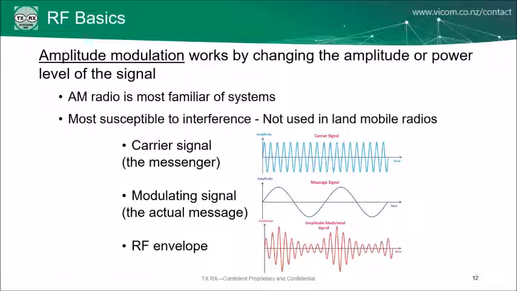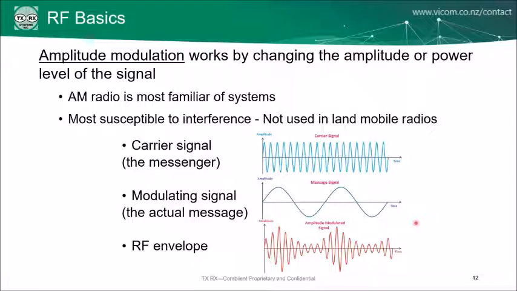So amplitude modulation works by changing the amplitude or the power level of the signal. This is AM radio. If you've ever driven in your car with your AM stations on, though, you'll notice that anytime you go under any sort of power lines or near anything that might be generating, you get a lot of interference.